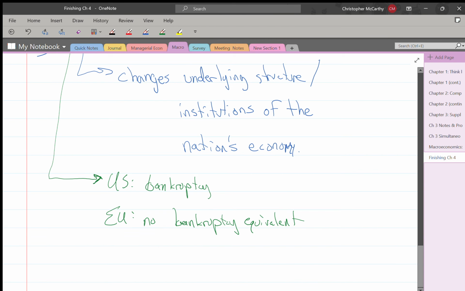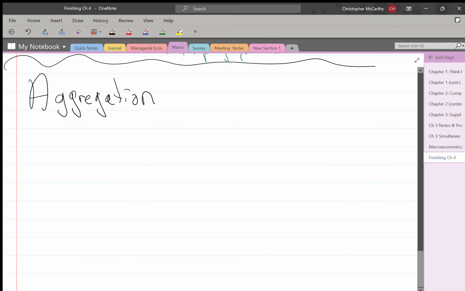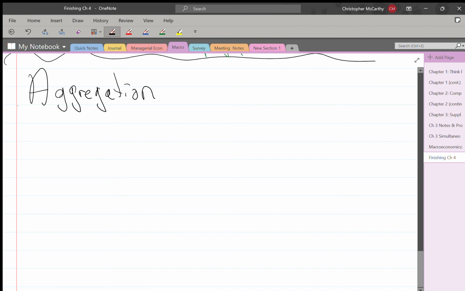So economics at the end of the day, or macroeconomics rather, is about aggregation. What do I mean by aggregation? All these jargony terms, right? Aggregation, you may have remembered, is summation, right?